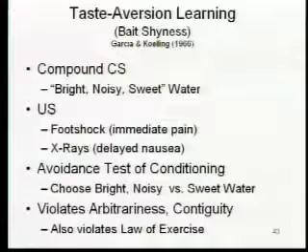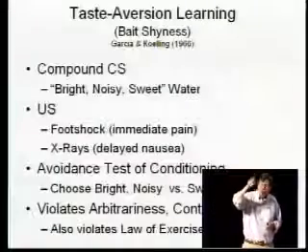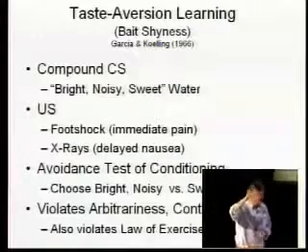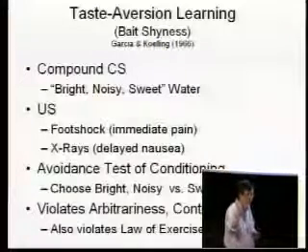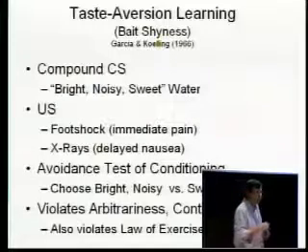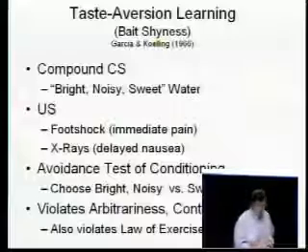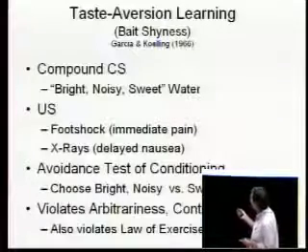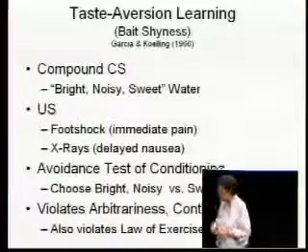A tube would come out delivering water, and while the animals were allowed to drink, there were lights flashing in their cage. There was a clicking noise presented in the cage, like a little ratchet that was spinning around, and the water was flavored sweet with saccharin. So Garcia called this compound conditioned stimulus bright, noisy, sweet water.